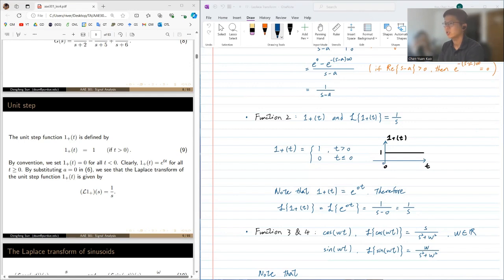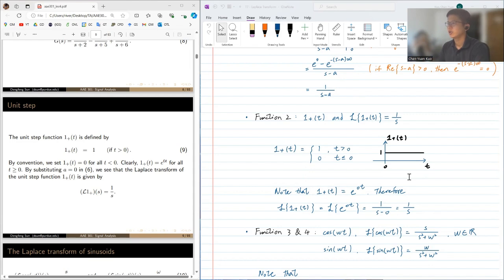The unit step function 1 plus t is a function that takes value of 1 when t is greater than 0 and takes value of 0 when t is smaller than or equal to 0. And if you plot it out, it's going to look like this. So the function value will be 1 when t is greater than 0, and the function value will be 0 when t is smaller than or equal to 0.